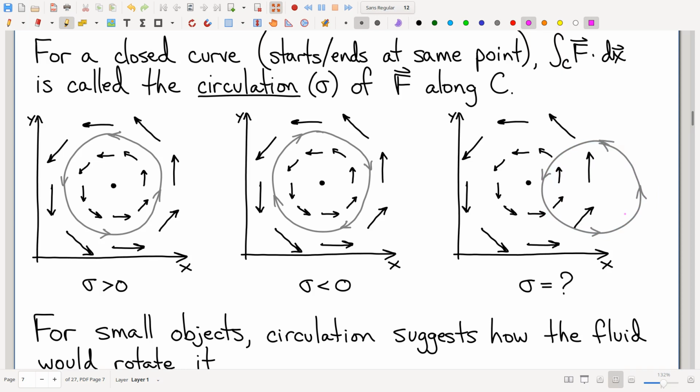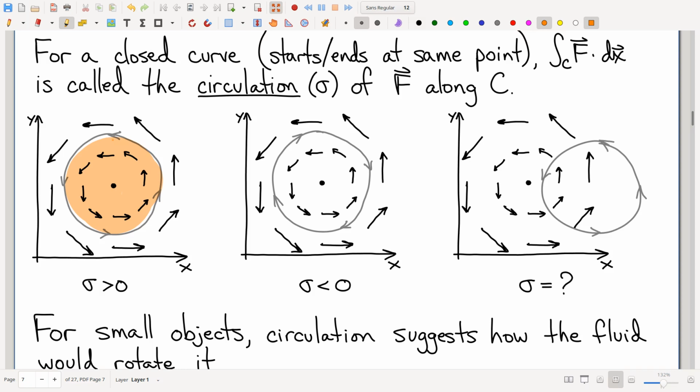Last real quick thought, just for your consideration: I like to imagine a leaf. Leaves tend to fall when they're dead, right? So here's my fall-colored leaf. Notice if this were to fall into a little rivulet or whatever, with the fluid doing this, the fluid would be going around this way per the circulation, and what do you think this leaf is going to do?